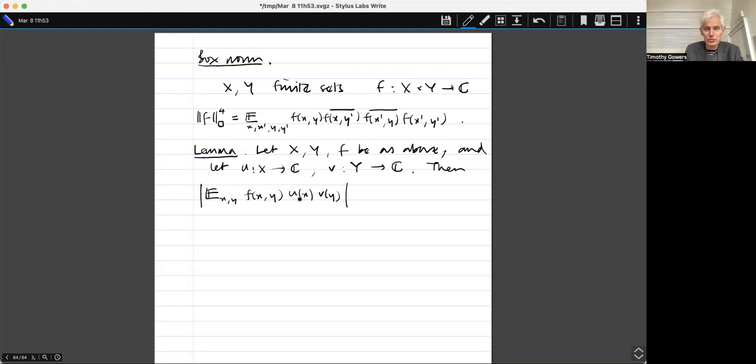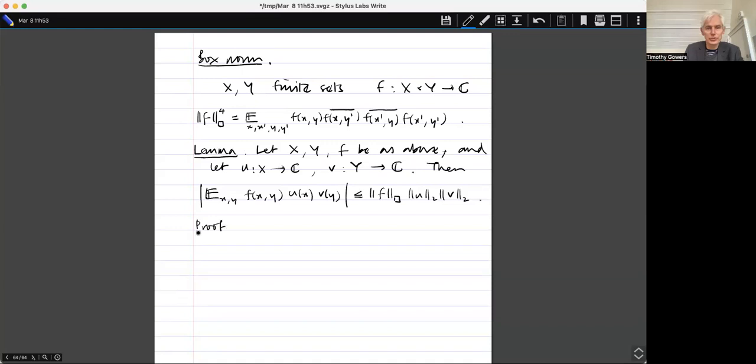So we can think of this as a bilinear form, if you like. But anyway, that is less than or equal to the box norm of f times the L2 norm of u times the L2 norm of v.